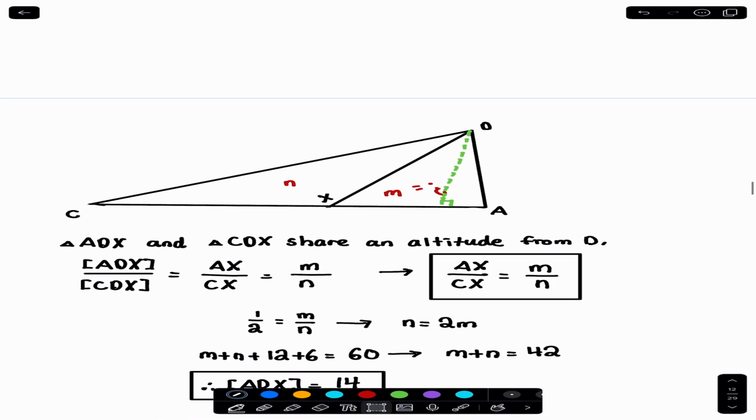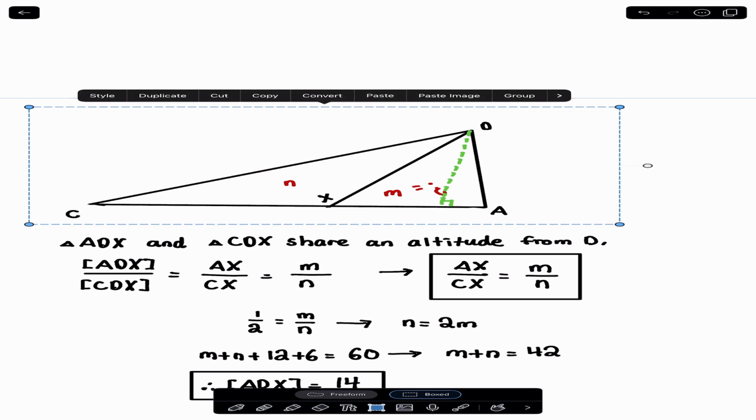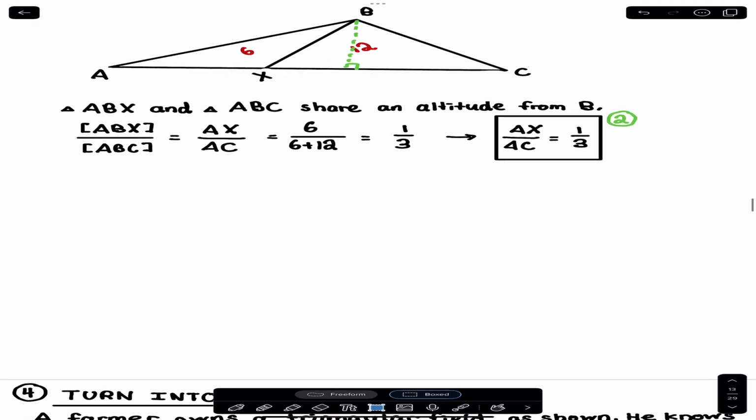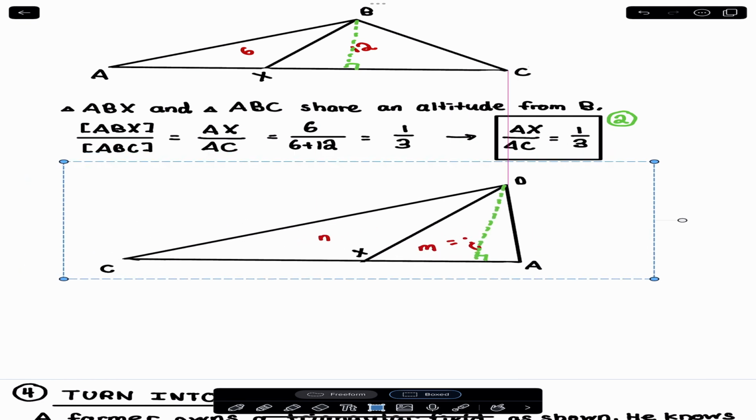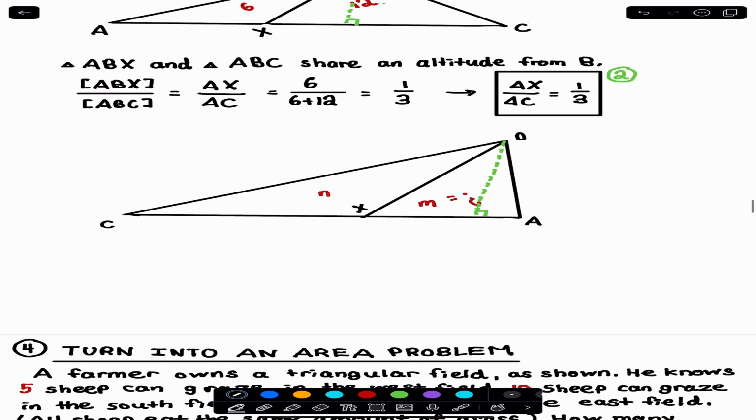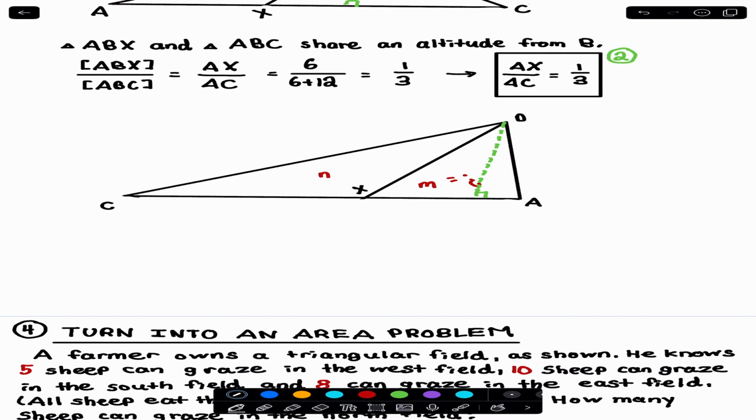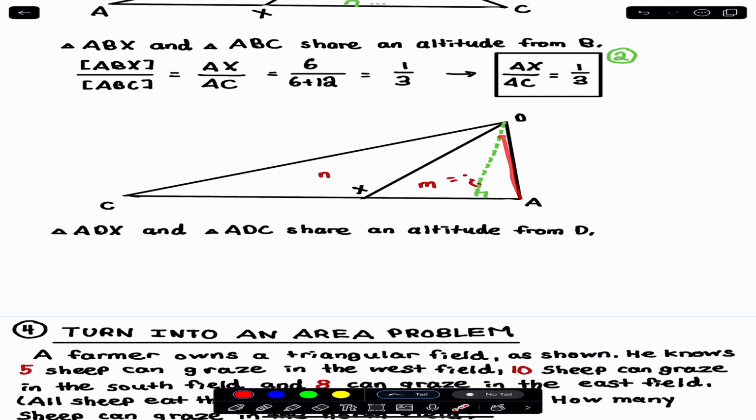And then what we can do is we can actually take this one as well, because it's more or less the same thing. Over here, and this time maybe you saw that triangles ADX and ADC share an altitude from D. Again, focusing on that bigger triangle ADC.